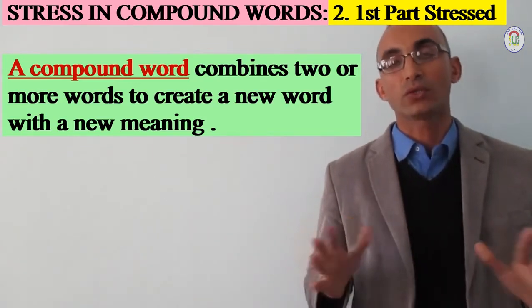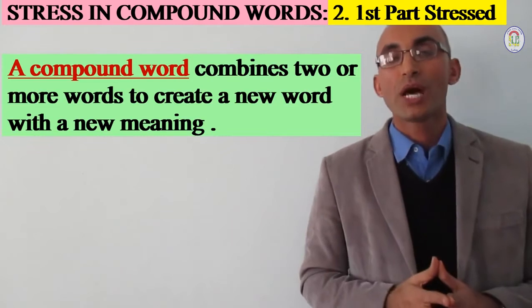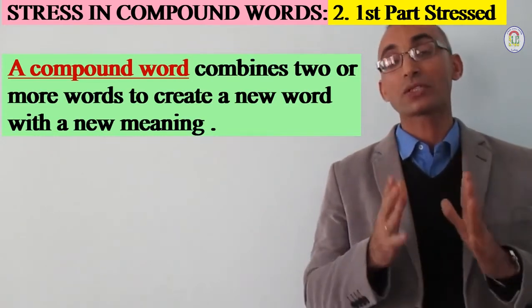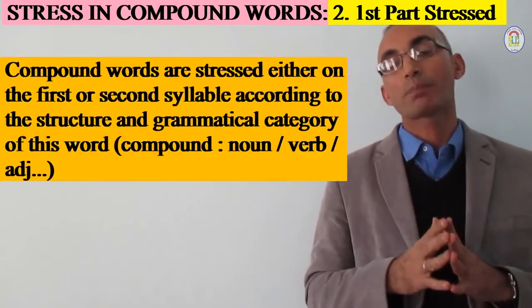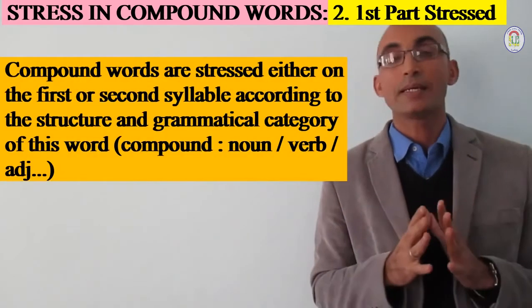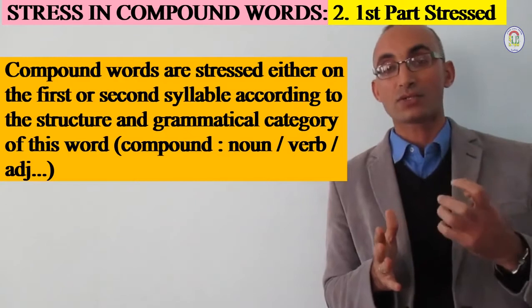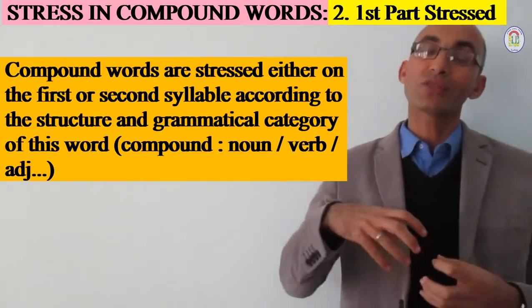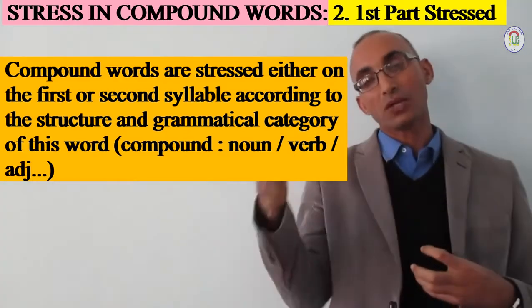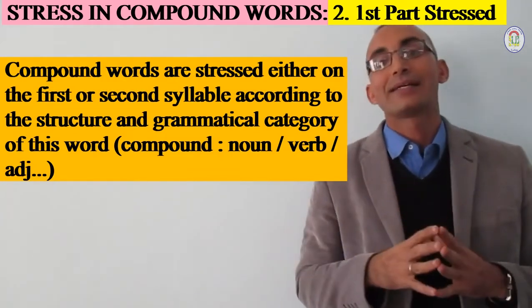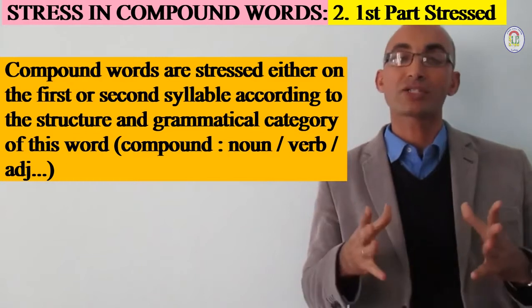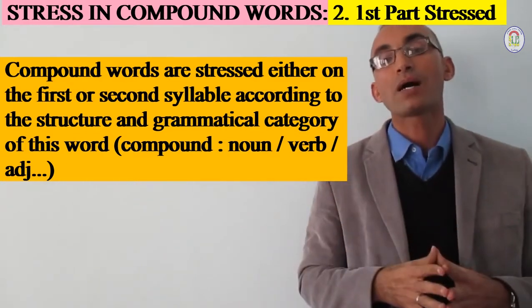Also we said that concerning the stress position in these compound words, we may place our stress on the first part or on the second part or element, of course depending on the grammatical category, function and structure of this compound word.